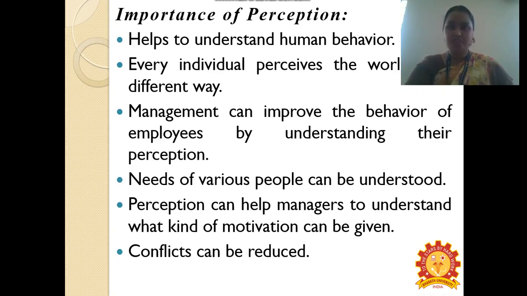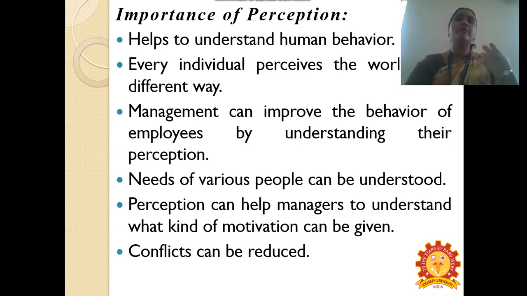So when the top management is able to understand the perception of employees, they will be able to frame decisions and strategies accordingly. Then the next importance of perception is that needs of various people can be understood, and it helps managers to understand what kind of motivation can be given. Now we know that perception is going to help an employee to see himself and the work environment.